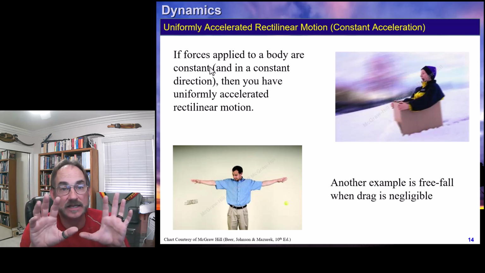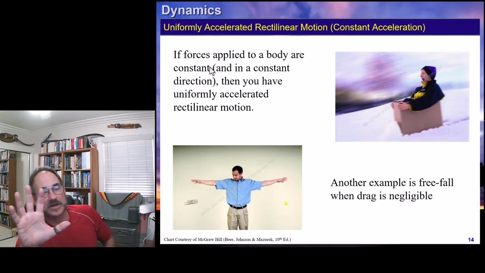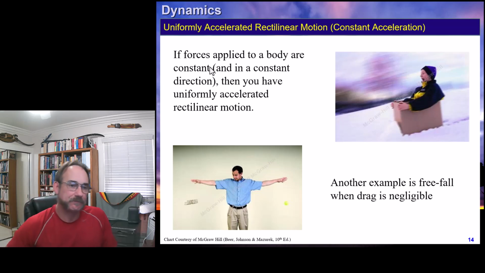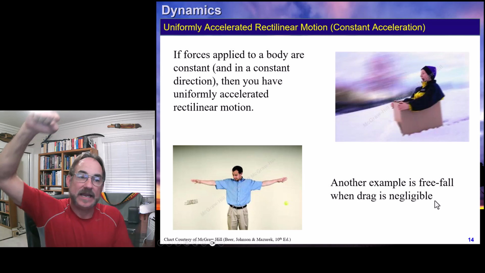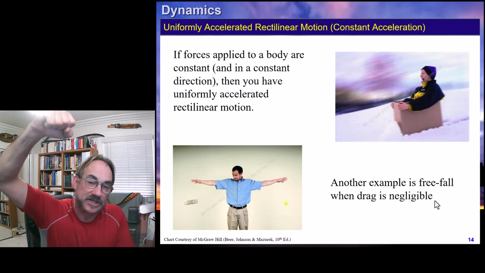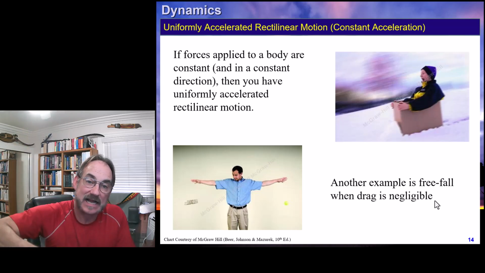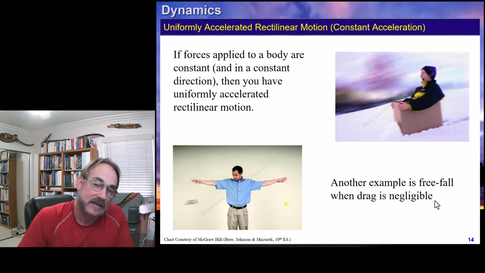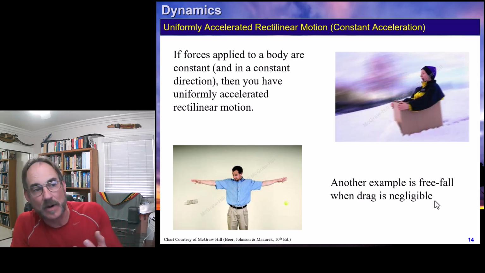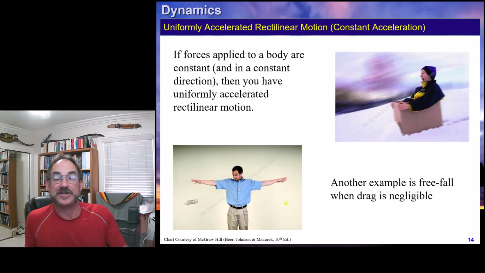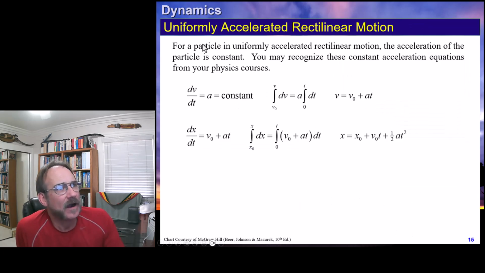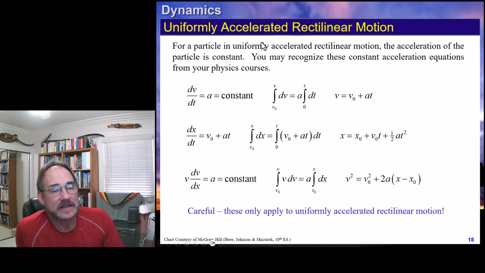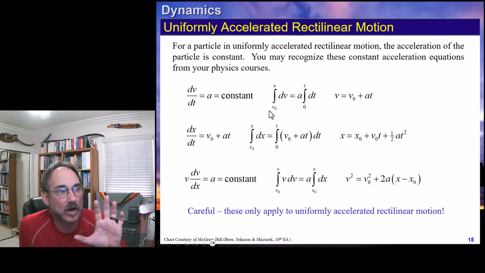Free fall means the only force on us is gravity, so we're getting a constant acceleration of gravity. Now that can be affected by drag, but if we neglect drag, then it's an example of constant acceleration.